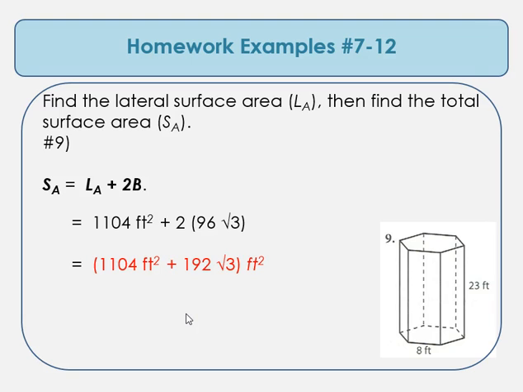Here is the base of our hexagon, 96 square root of 3. We have 2 bases, so we multiply by 2. And 2 times 96 is 192. And this is 1104 feet squared. Just leave this in this form. You do not have to solve this down to a decimal.